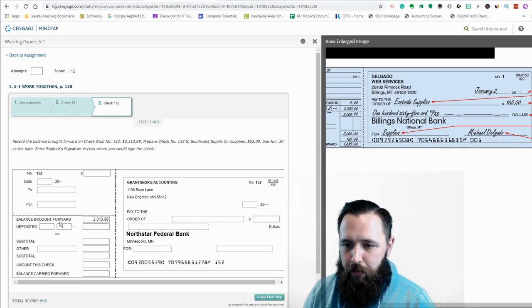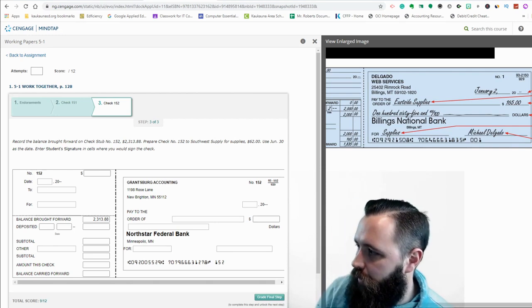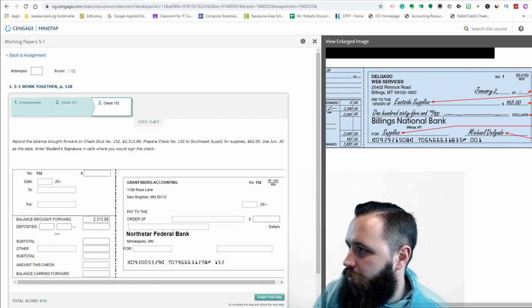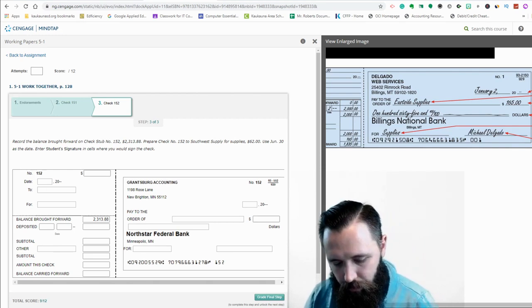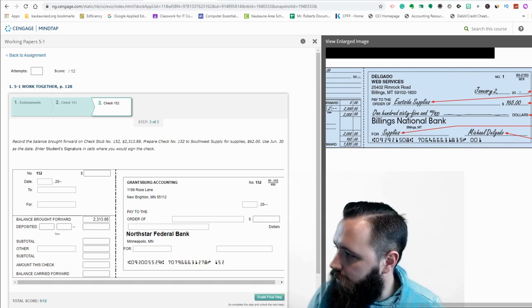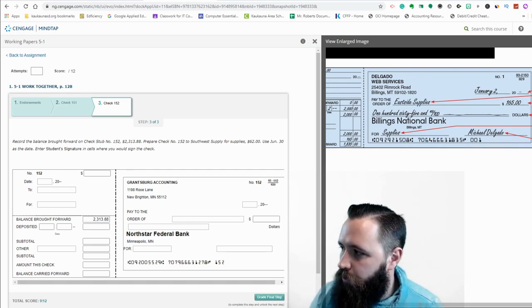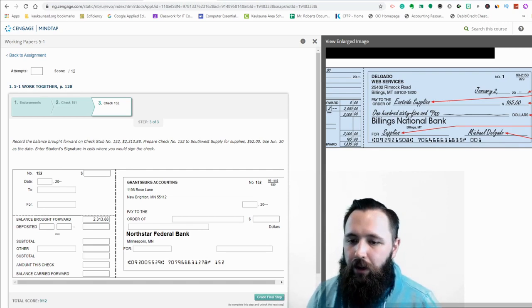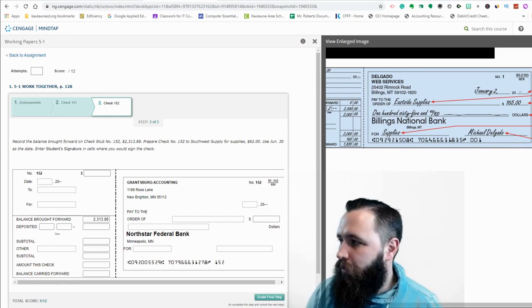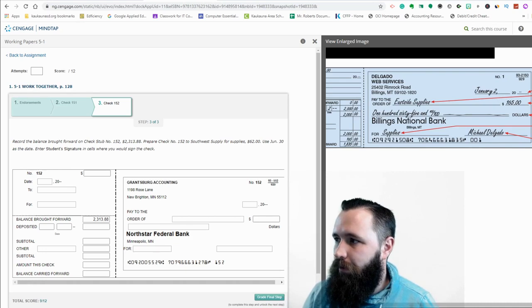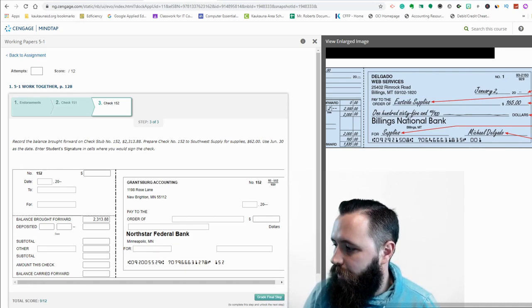So what's different here compared to the previous problem that we had? Look it over, see if there's anything different. Hopefully you pointed out that there's no actual deposit, okay? There's no deposit on this one. So it just makes it easier, to be honest. That's it, okay? It just got easier.